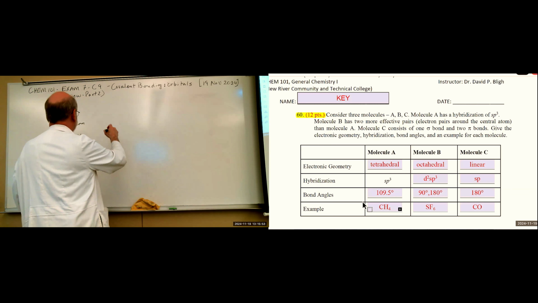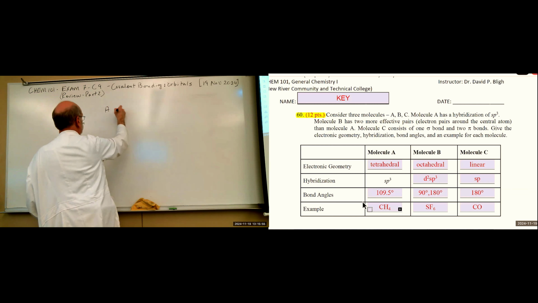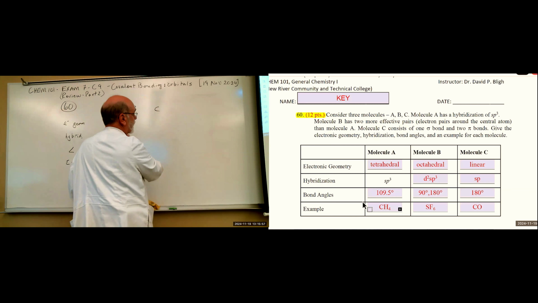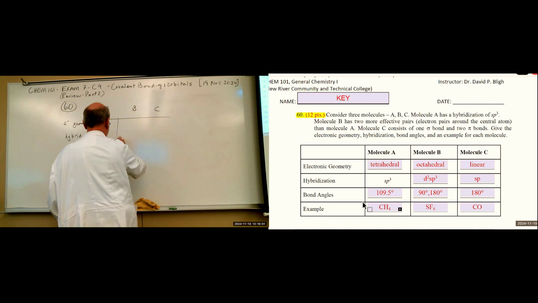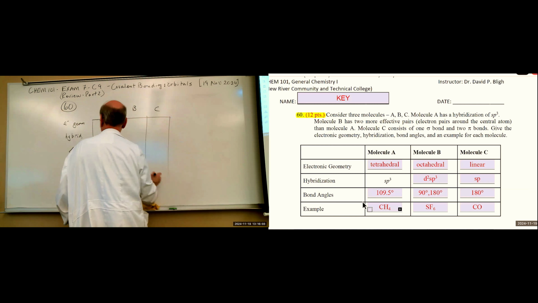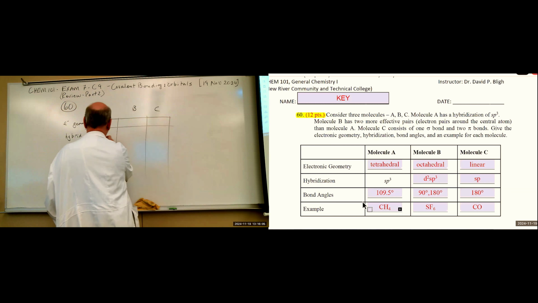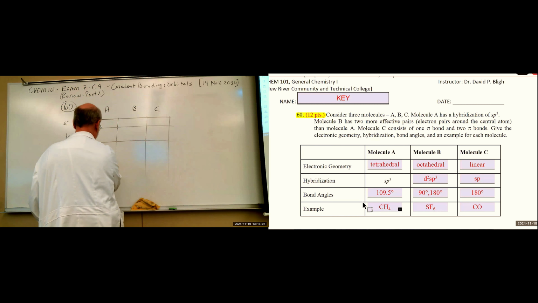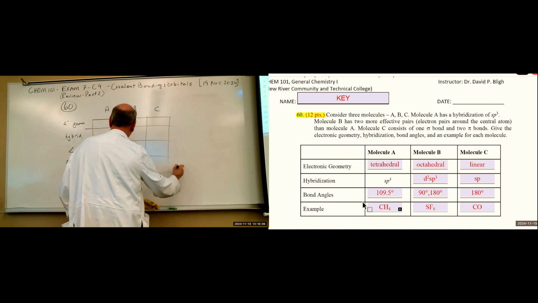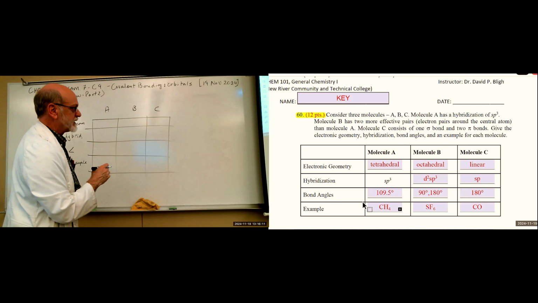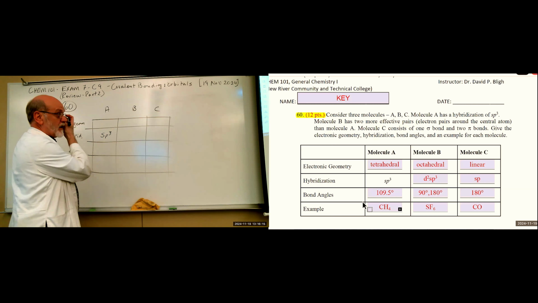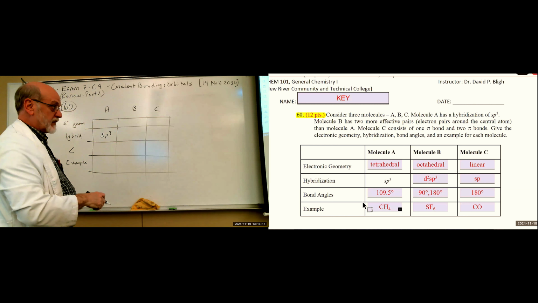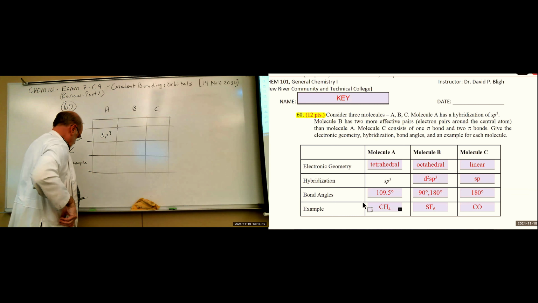Then we have molecule A, B, and C. The one that we're given is hybridization. This one's sp3, and the other characteristics are given in the problem itself.